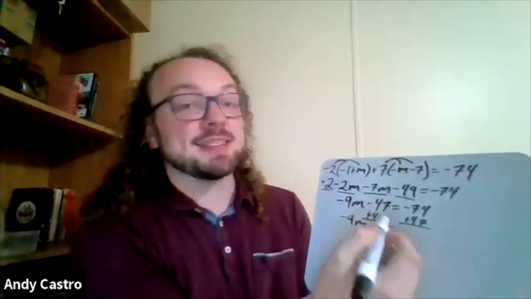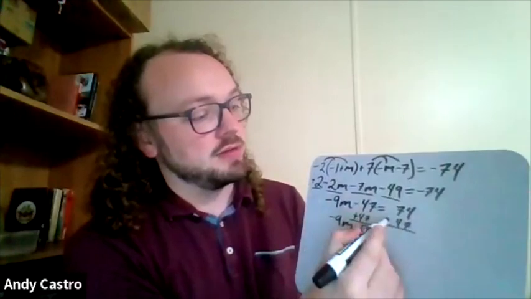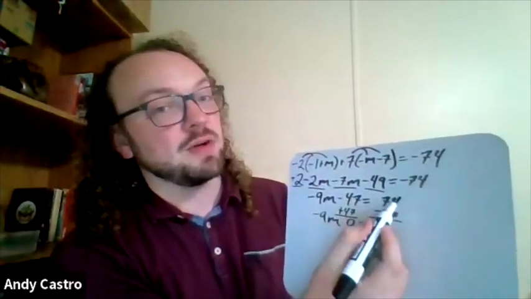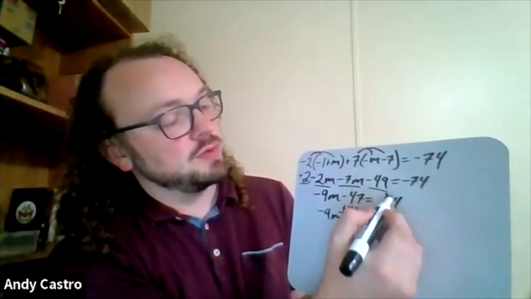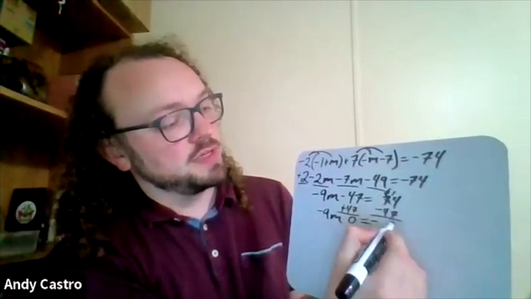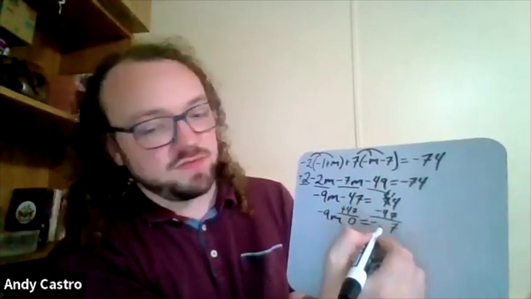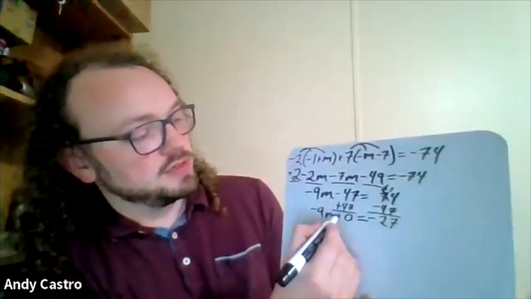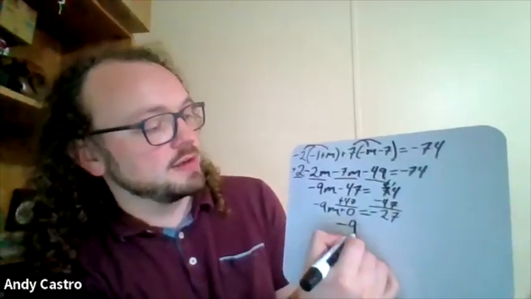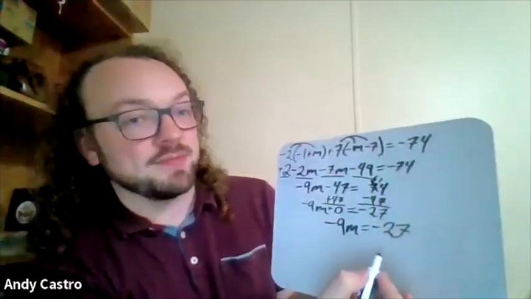That's the same as if I had 74 minus 47, but I know my answer is going to be negative because 74 is the larger number and it's negative. So I have to borrow. 14 minus 7 is 7, and then 6 minus 4 is 2. That looks like it's turning out nicely. I'm going to rewrite it. Negative 9m equals negative 27.